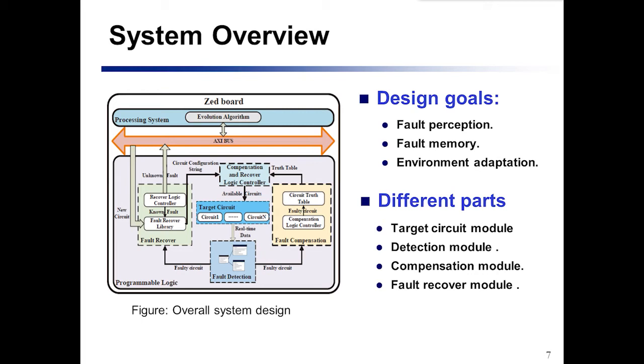We preset some circuit configuration chromosomes in the fault configuration library, whose faults are known. For unknown faults, we use evolutionary algorithm to recover and then store obtained configuration chromosomes into the fault configuration library. The progress is controlled by recovery logic controller.